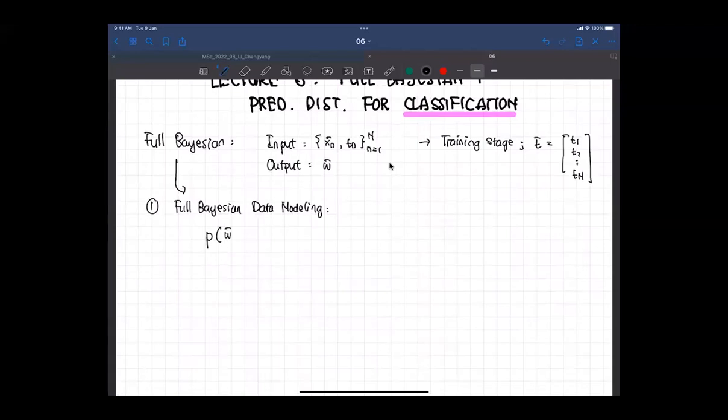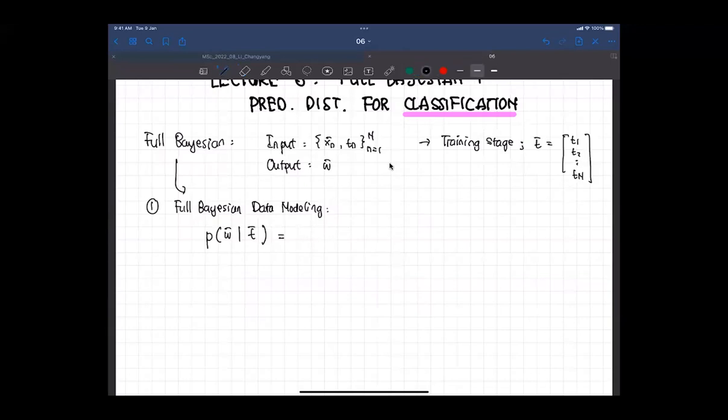Probability of W given T bar, right? W is always associated with X. And when you use Y, it's usually P of Y, and we know Y is a function of W and X. But anyway, the output that we want is W, so that's the more precise expression that we will use.